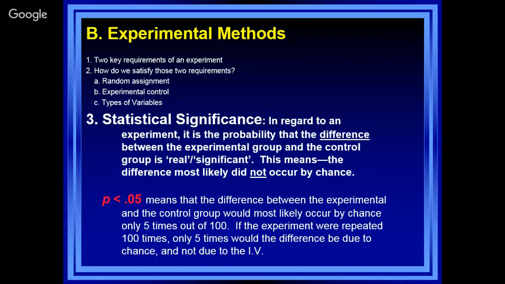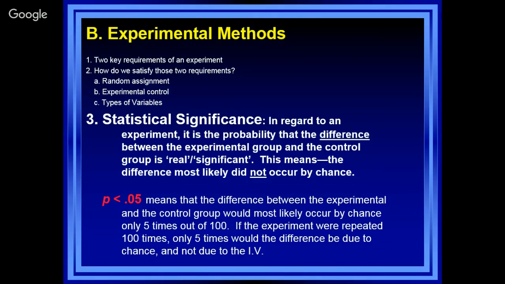Now, when we start saying how significant it is, you'll see written something like p less than 0.05. That'll come after the statement where it says there's a statistically significant difference between these two variables. And you'll see in parentheses often p less than 0.05.